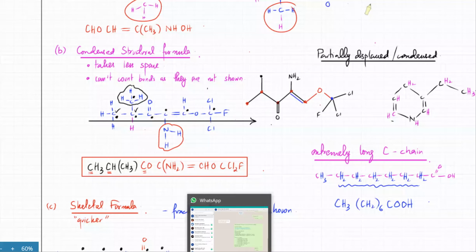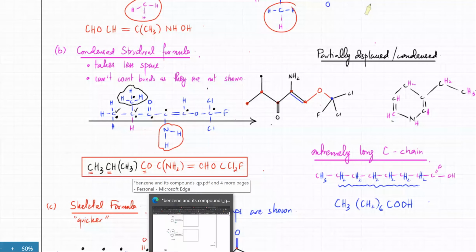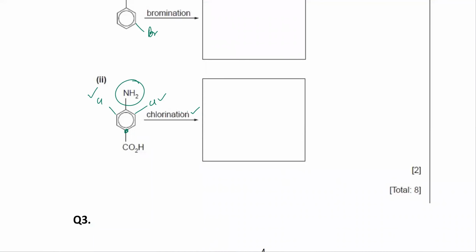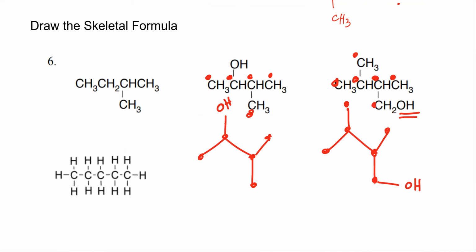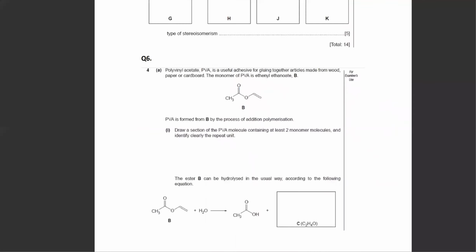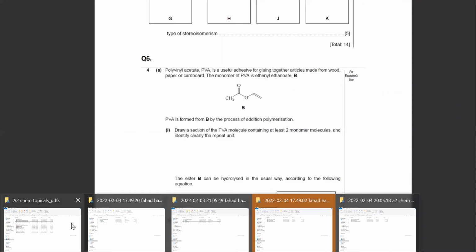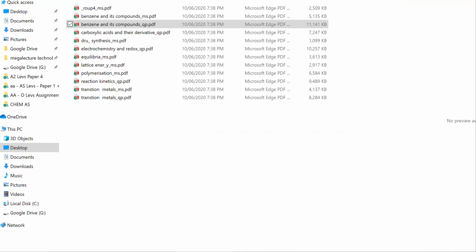So what we're going to discuss now is I can try and go through one of the worksheets very quickly. Let me just reload this. Where's the worksheet? Just a second.